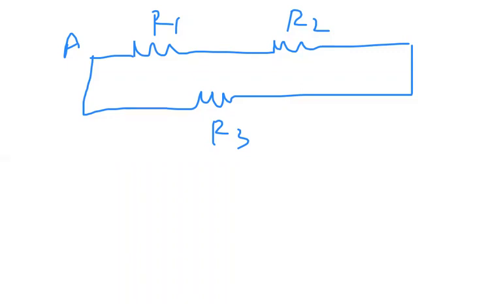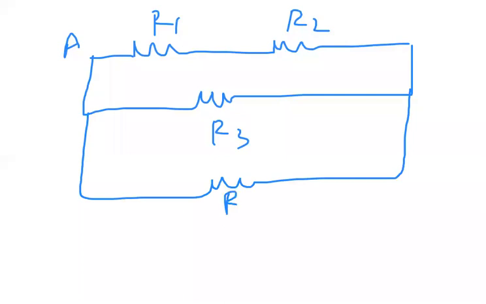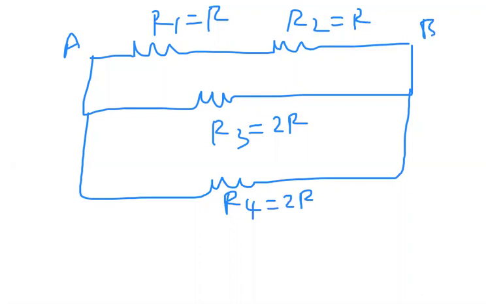Suppose here let us introduce one more resistance, R4. R1 and R2 are equal to R, and R3 and R4 are both equal to 2R. And this is A and this is the point B.